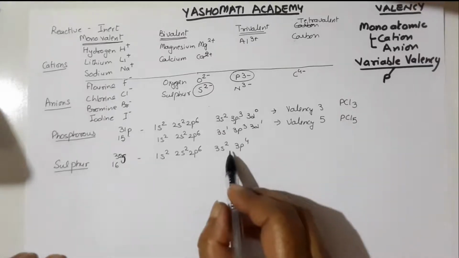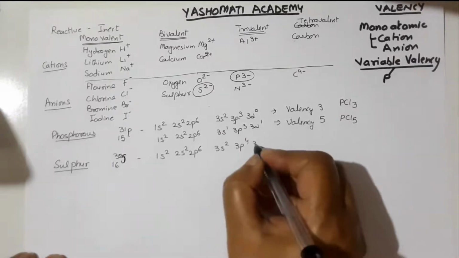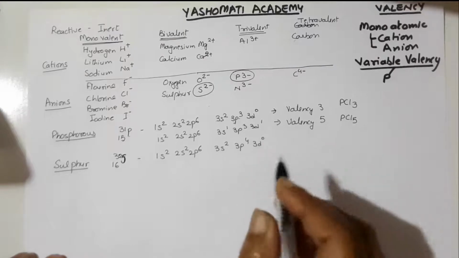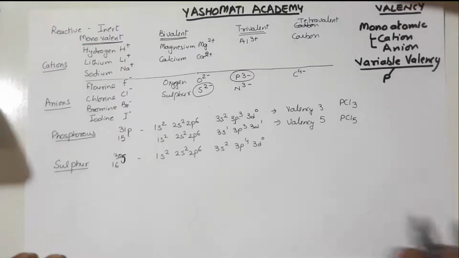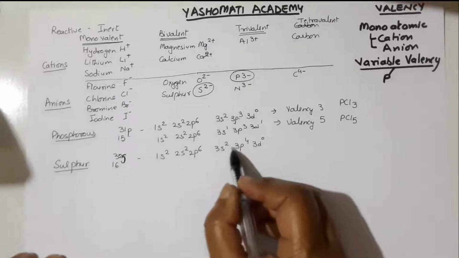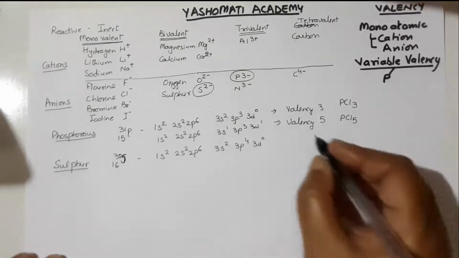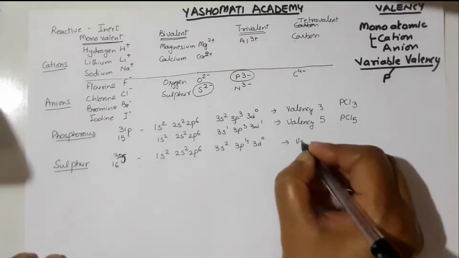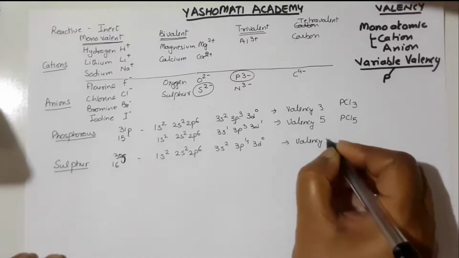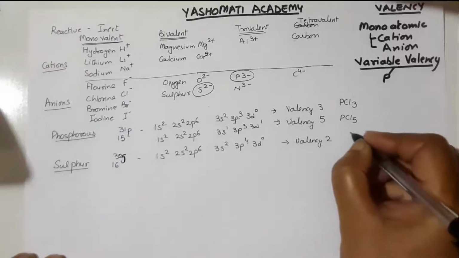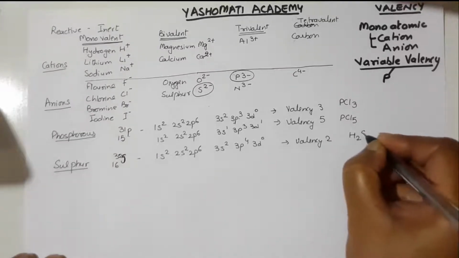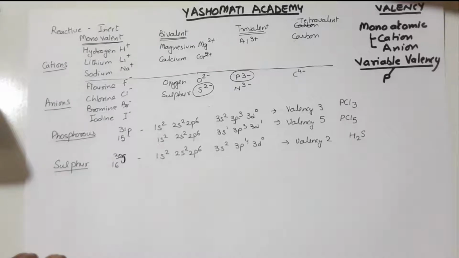Now here again, the third shell is having a d subshell, but that is vacant. And because it is having 6 electrons in the outermost shell, its valency is 2. Due to valency 2, it forms a compound H2S, that is hydrogen sulfide.